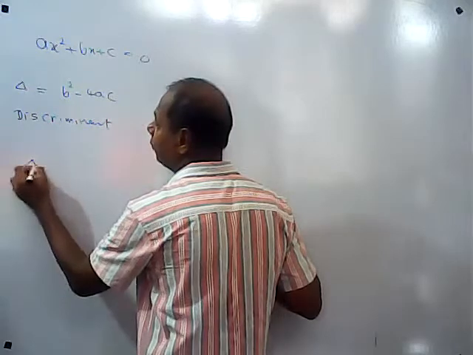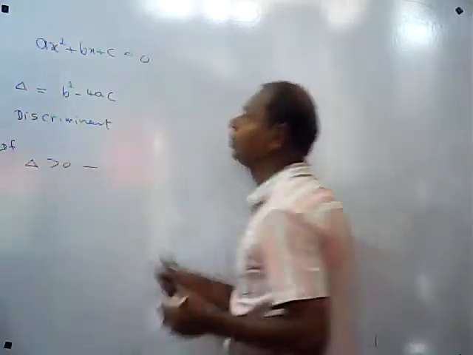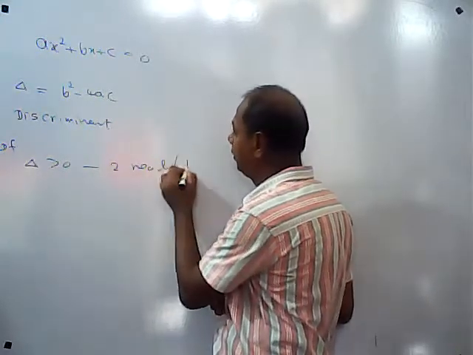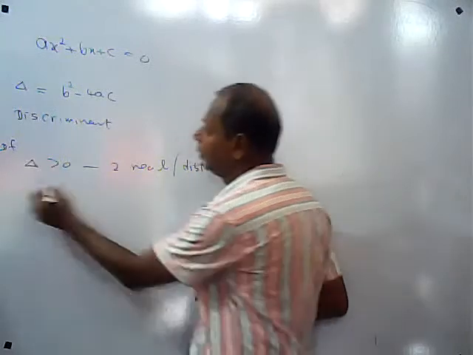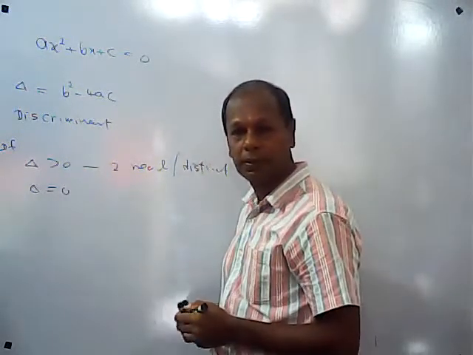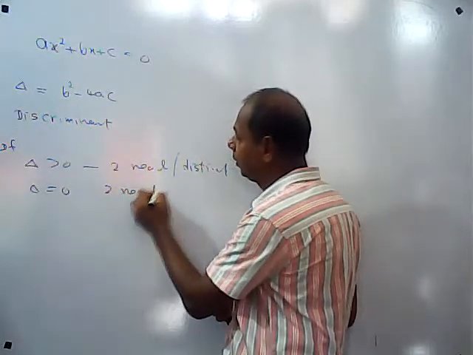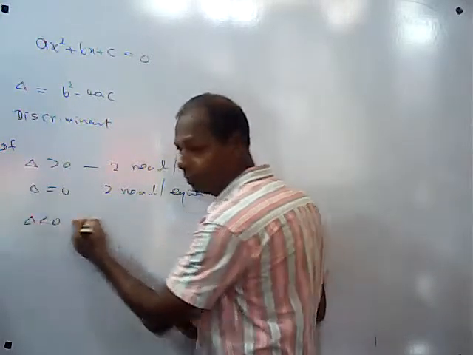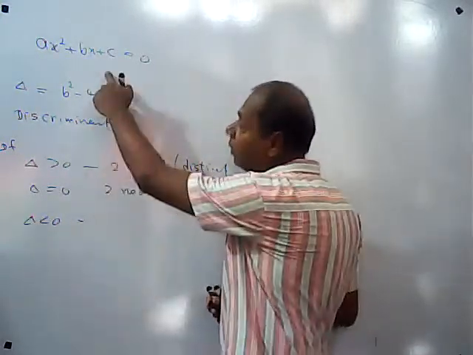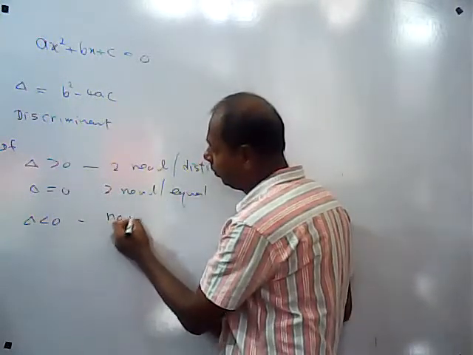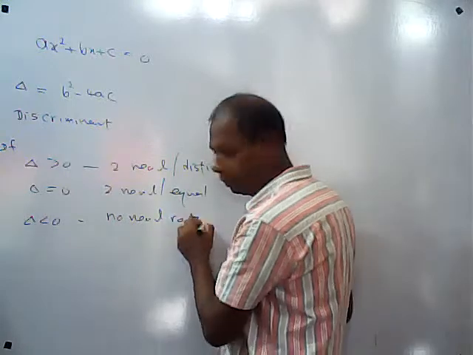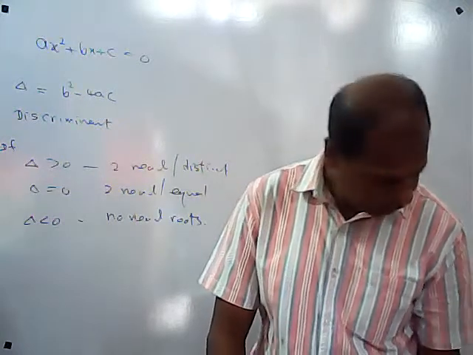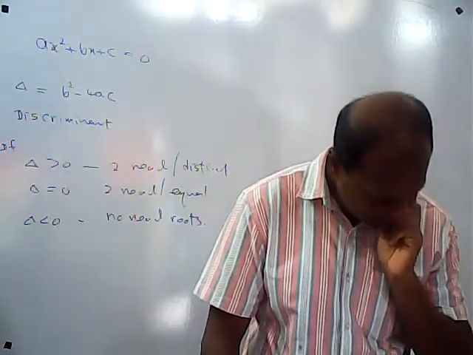Then we said that if delta is greater than 0, the quadratic equation has two real distinct roots. If delta is equal to 0, then it has two real but equal roots. If delta is less than 0, then the quadratic equation has no real roots, right? And many examples we have taken last 2 days, and last day I gave a few more.